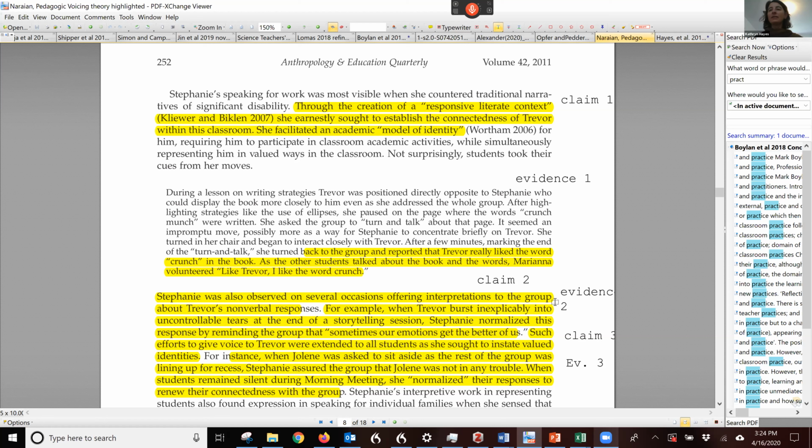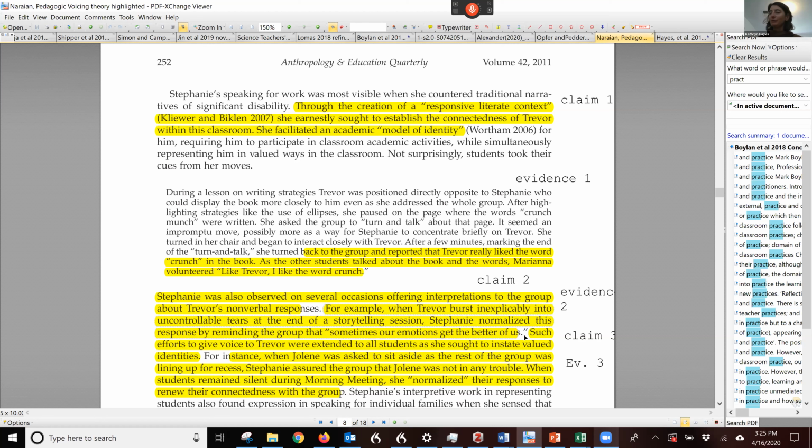So notice here that in this case, she doesn't take a very big segment of text like she does here. She uses just a little example from her notes and a quote from her notes, right? So not as big of an example in this case, but same thing.